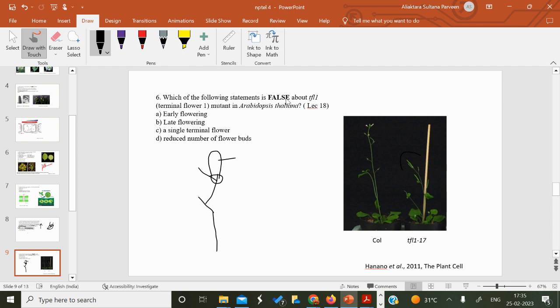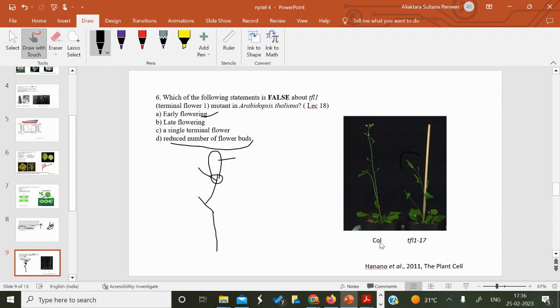Whenever there is a mutation in this gene, it also leads to an early flowering condition, and as I mentioned, it leads to terminal flower development and a very reduced number of flower buds compared to the wild type.